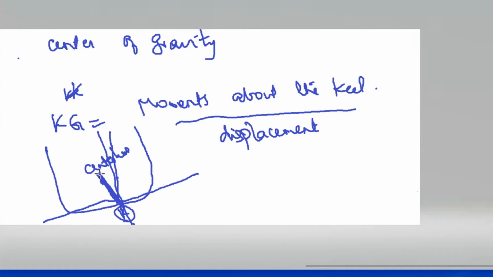Then there is the horizontal position of the center of gravity, which again can be longitudinal. I haven't explained what is longitudinal, so for the time being, just take this one. This is the vertical center of gravity, and this is how we get it: moments about the keel divided by the total weight or total displacement.